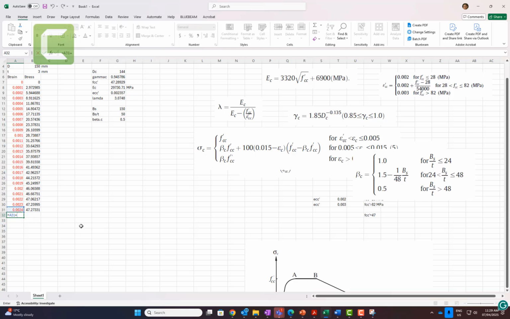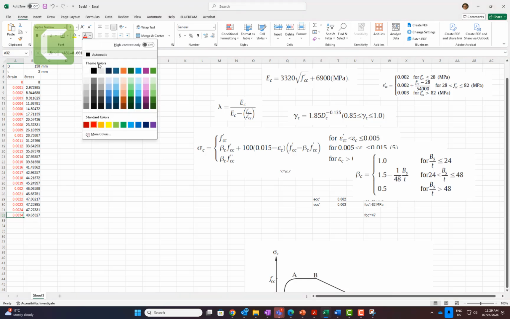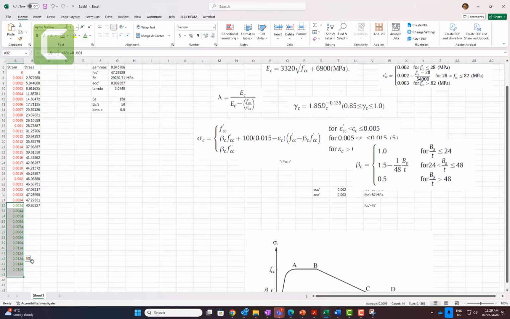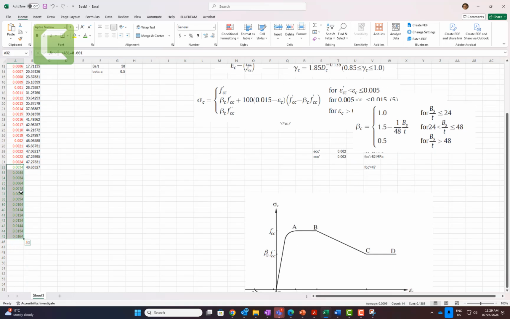These ones plus these ones, let's make these green. 0.05, there you go. 0.005, perfect.